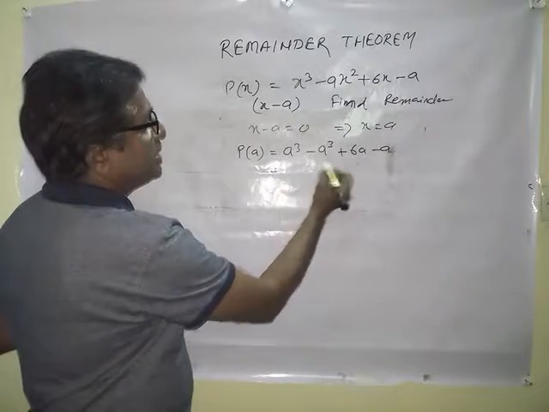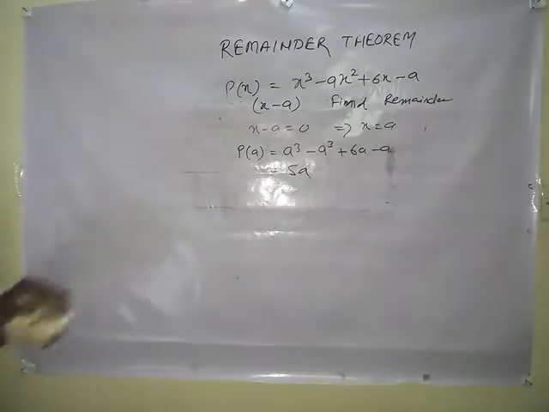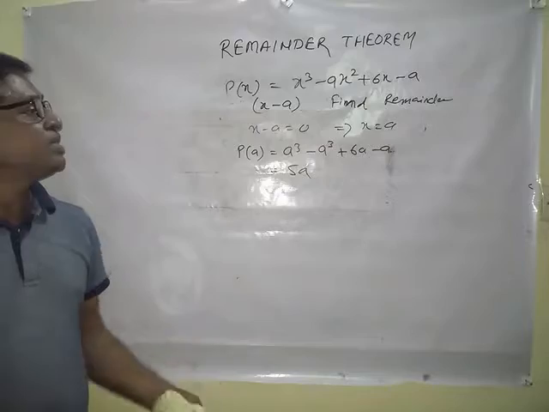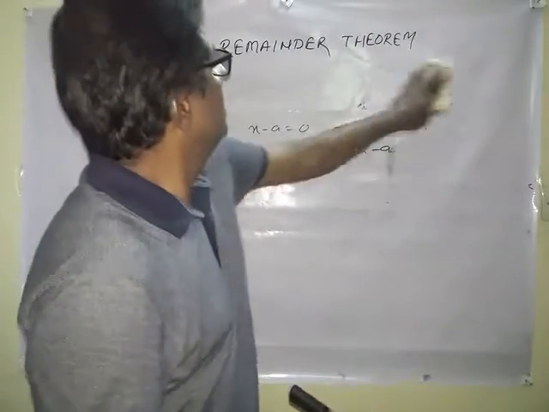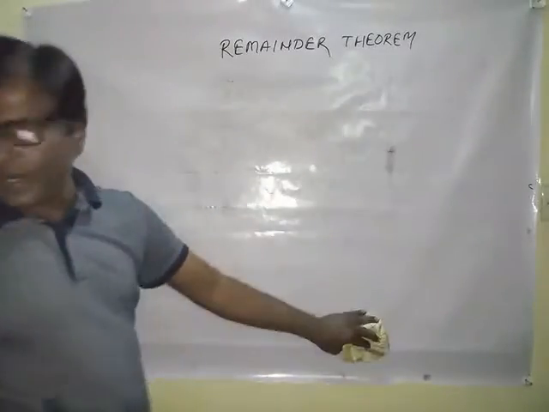The a cube terms get cancelled, and the remainder will be 5a. Even if you do it with the long method, you will find this. There can be other twists made into this.